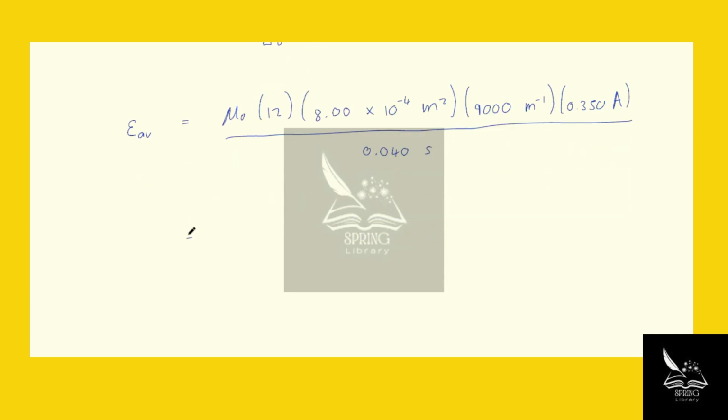So calculating, we get the average induced EMF in the second coil to be 9.5 times 10 to the minus 4 volts.